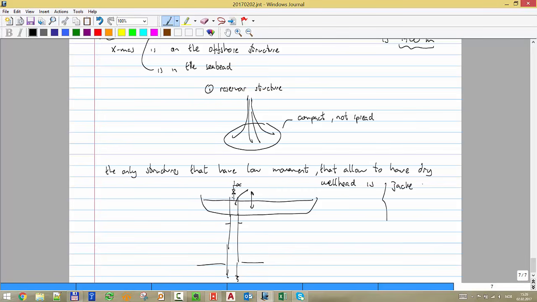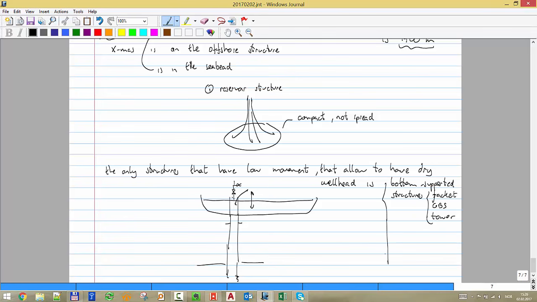So that is in the bottom supported structure group, where, if you remember, we have jacket, we have gravity-based structure, and we also have tower, the compliant tower.